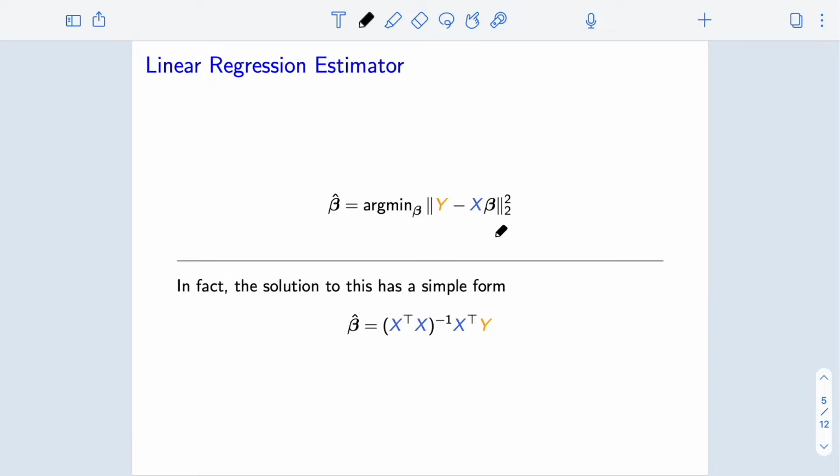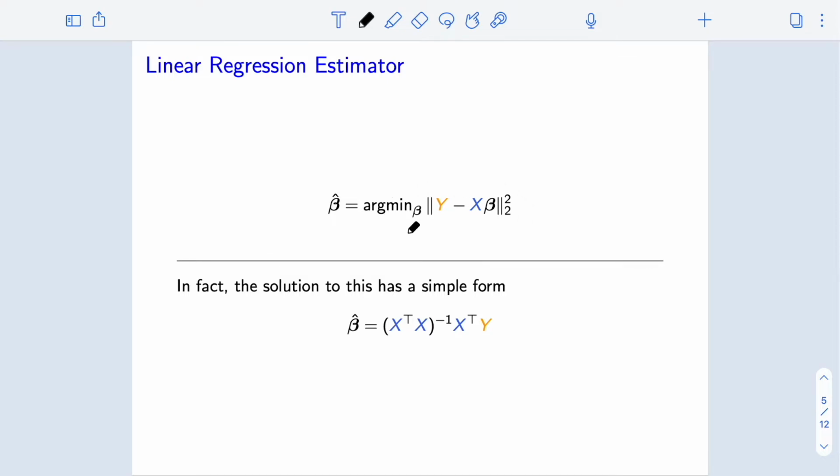This formulation is nice not only because it's compact, but because some simple matrix calculus can give us a closed form for that estimator. This follows pretty cleanly. This function, the 2-norm squared of y minus x beta, is a smooth convex function, so the minimum will occur where the gradient is 0.